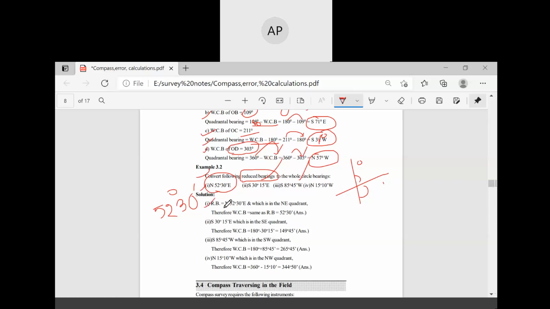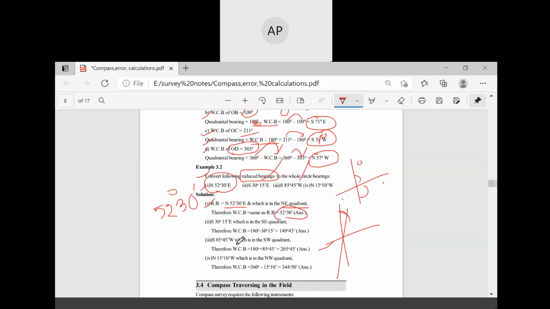So reduced bearing is given north, this direction, which is in the northeast quadrant. So therefore, what will be the WCB? Can you tell me? Northeast quadrant means this quadrant. So whole circle bearing will be this one only. The answer will be the same.